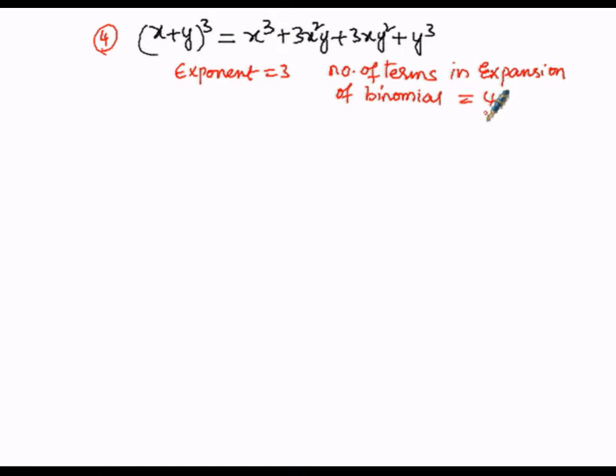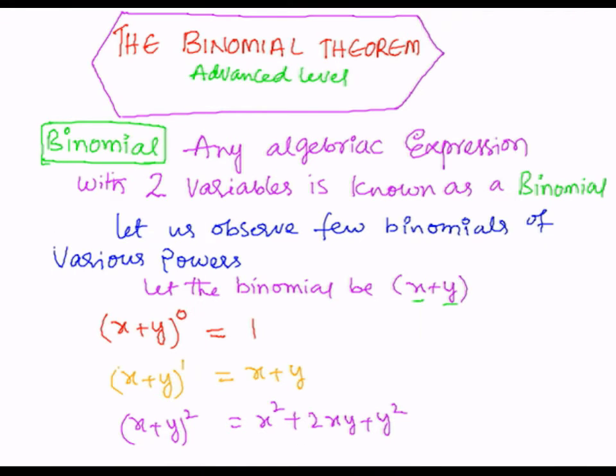Whereas in the previous condition, the third one, the exponent is 2 and the number of terms are 3.